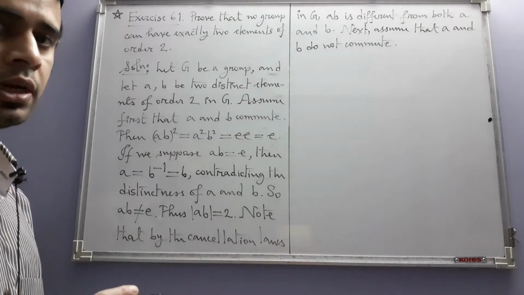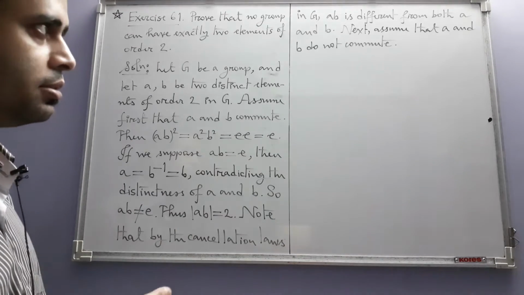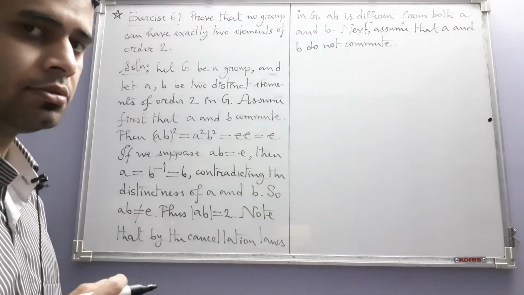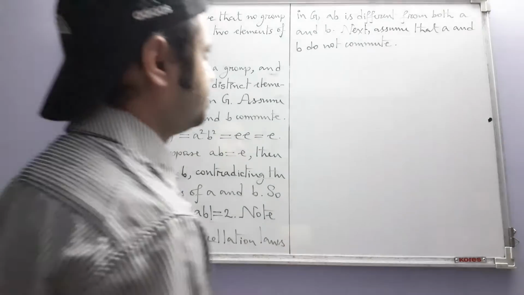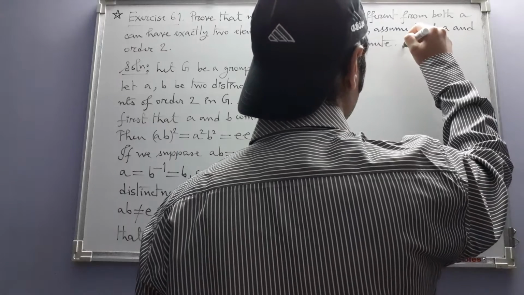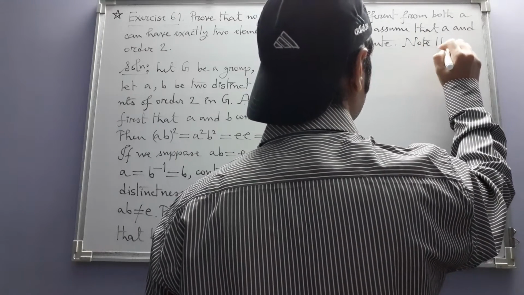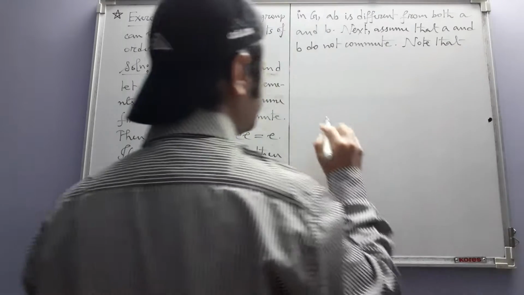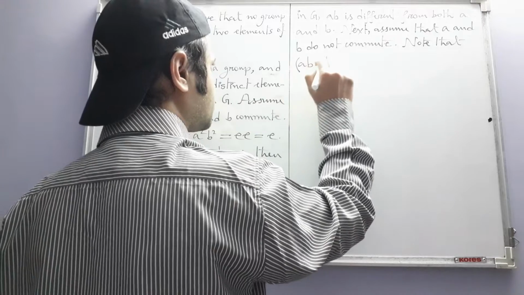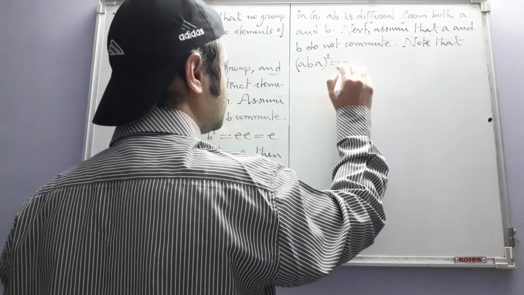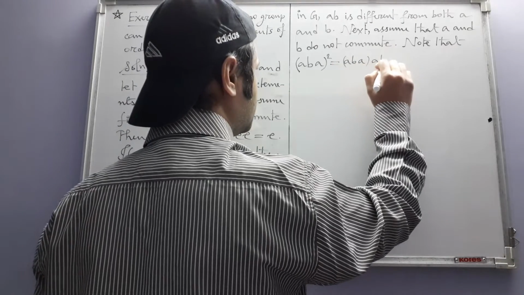Now we will show that ABA is an element in G which is of order 2 and which is different from both A and B. Note that (ABA) whole square is ABA times ABA.